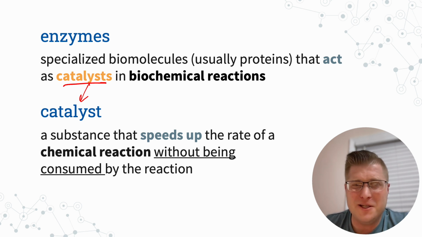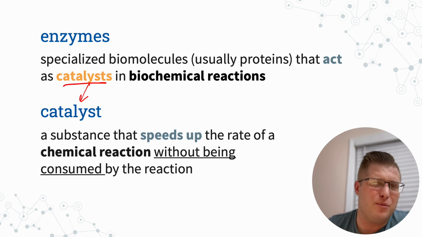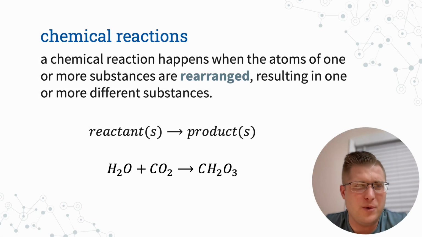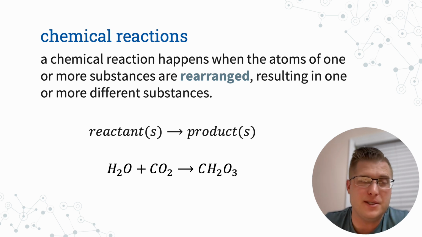Now again, I've said this a few times, biology is not a chemistry course, but little elements of chemistry come into what we study. Let's take a quick look at what's happening with chemical reactions just in general, the idea of products and reactants. A chemical reaction, when we say this, we're saying that atoms of one or more substances are being rearranged, resulting in one or more different substances.